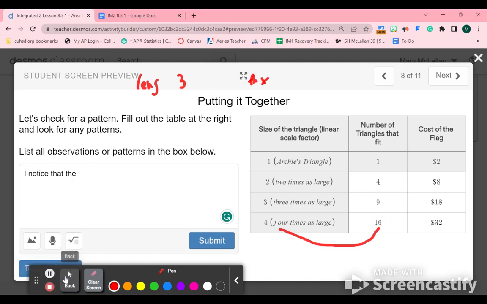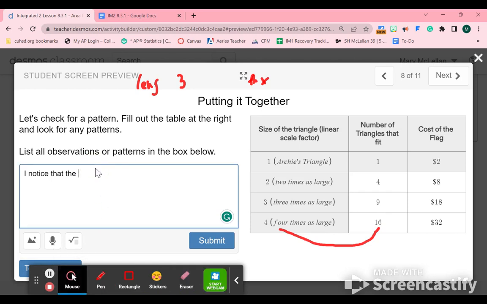So I'm noticing that the area scale factor is the linear scale factor squared.